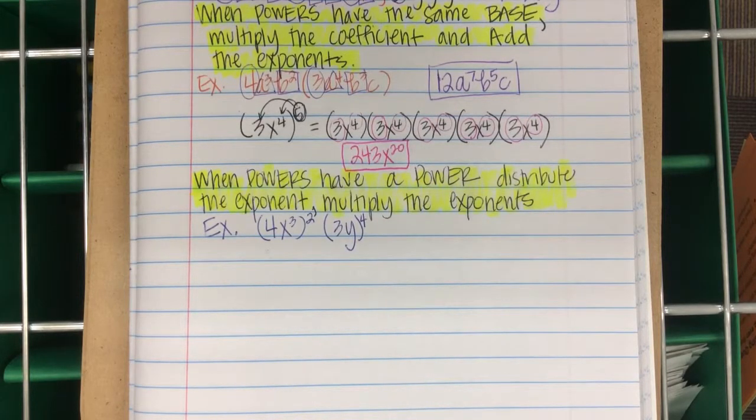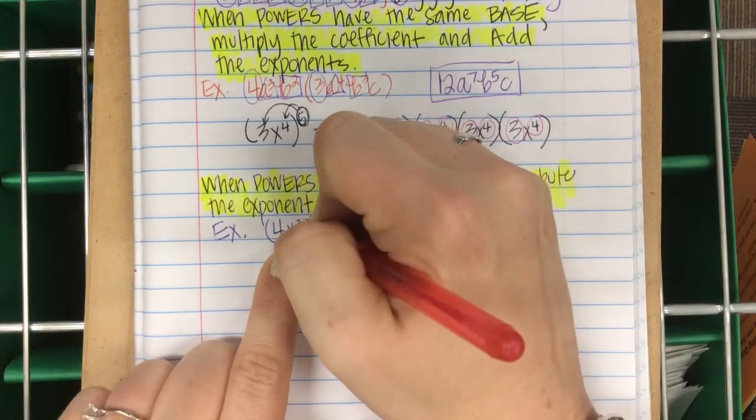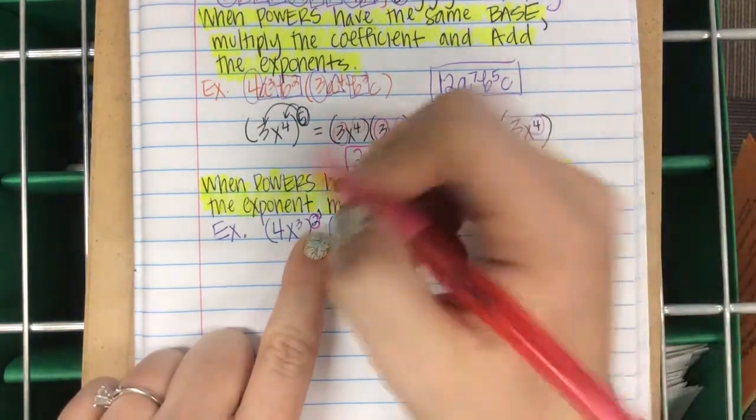You could write it out. If this rule doesn't make sense to you, 100% you could write it out. Or you can use this rule, which is distribute the power.